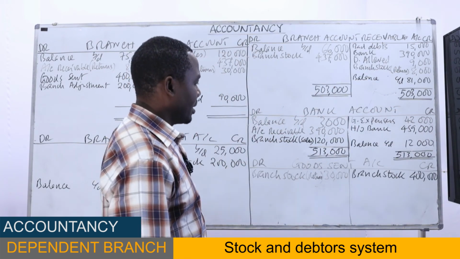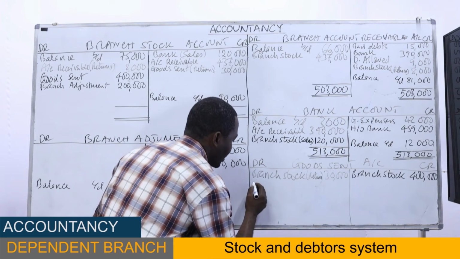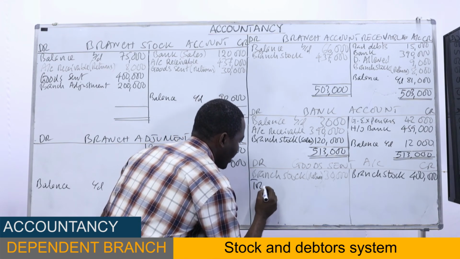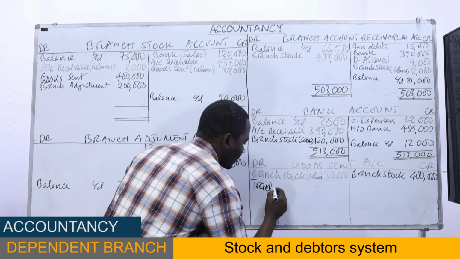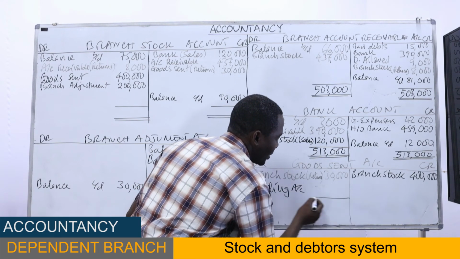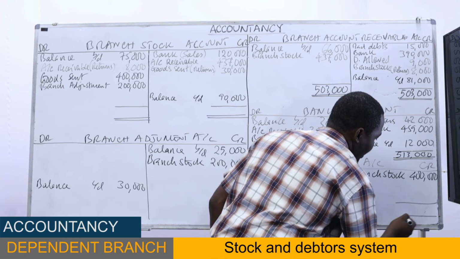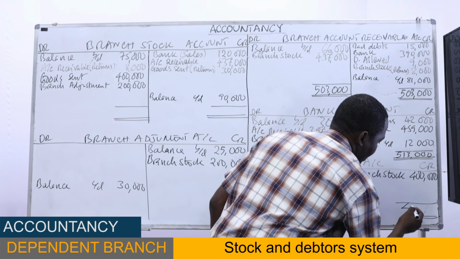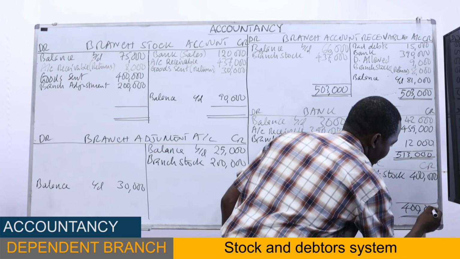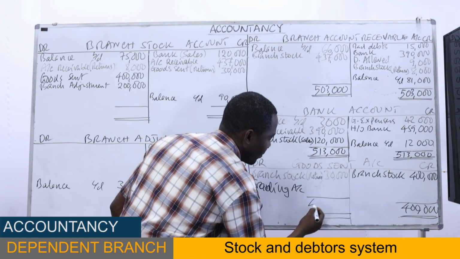Our goods sent should be transferred to trading account or income statement. Transfer to trading account will be the difference between the goods sent and any return, that is 400.